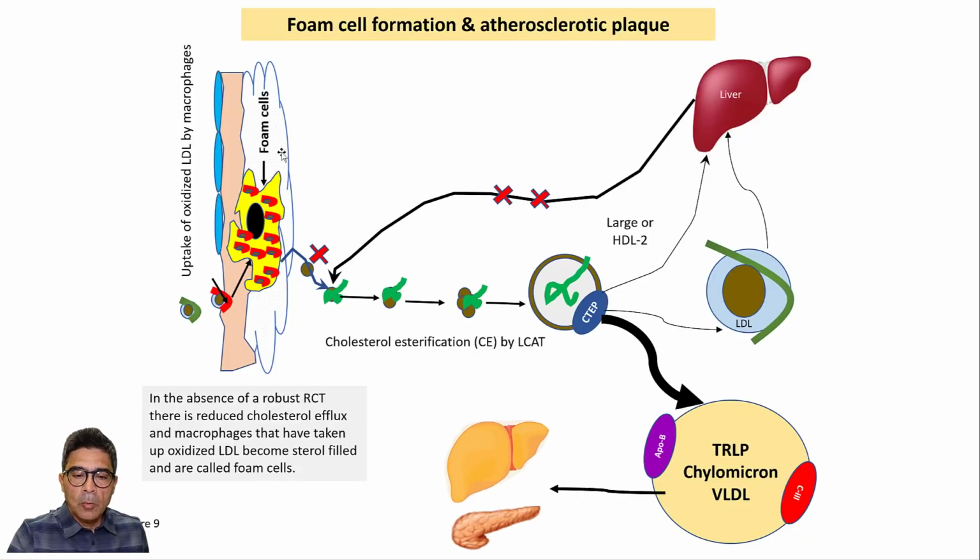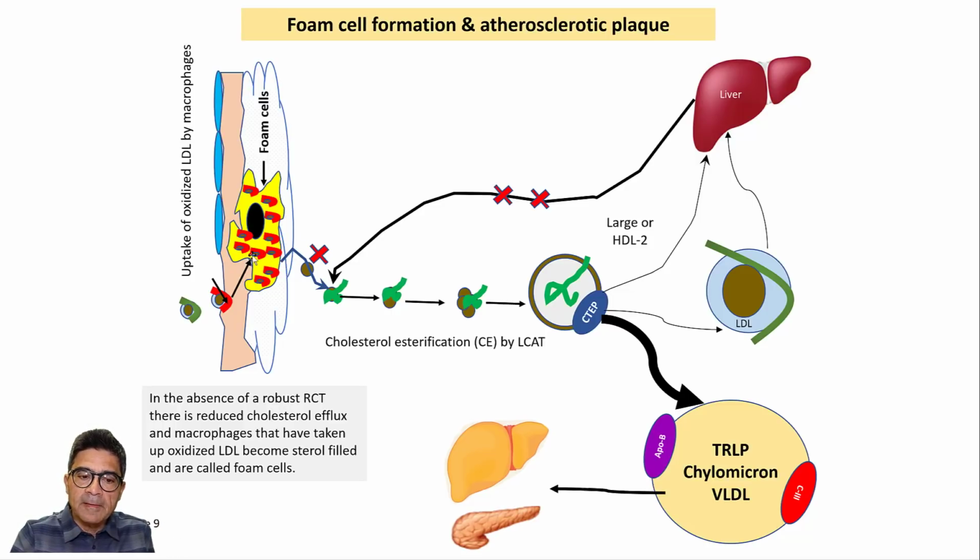So, when you inhibit reverse cholesterol transport, you form foam cells. In other words, the macrophages keep ingesting oxidized LDL, but they are unable to efflux it. This is a concept that I'm explaining before I talk about how statins and PCSK9 inhibitors inhibit reverse cholesterol transport. When you inhibit reverse cholesterol transport, you form foam cells.